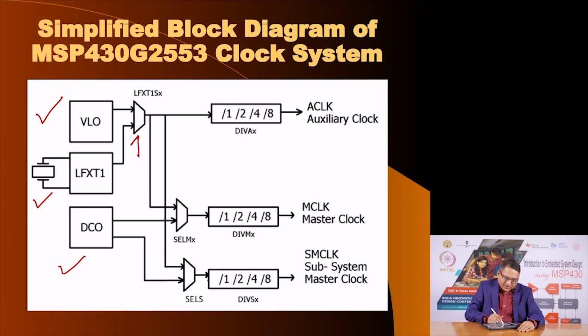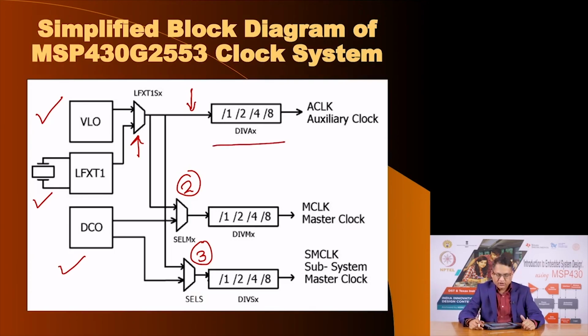There are 3 multiplexers, multiplexer number 1, number 2 and number 3, and each multiplexer has 2 inputs broadly, and you can write software to select one or the other source of clock. Once you decide the clock source, it can be further divided with a clock divider using an option of divide by 1, 2, 4 or 8 to derive 3 clock signals, and these 3 clock signals are auxiliary clock, master clock and subsystem master clock. Let us see what these clock signals are used for.